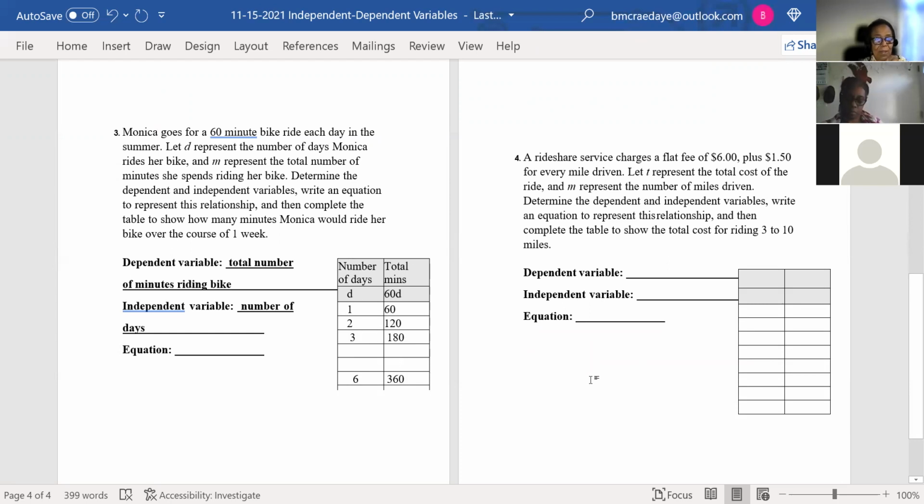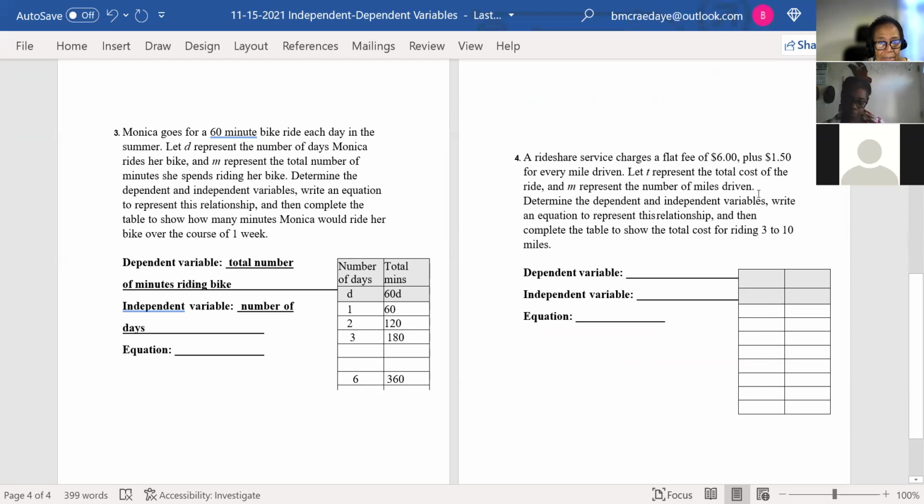Now we have another one here that I want you to do. A rideshare service charges a flat fee of $6 plus $1.50 for every mile driven. Let T represent the total cost of the ride and M represent the number of miles driven.